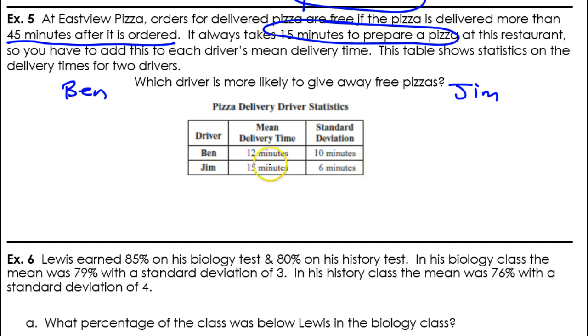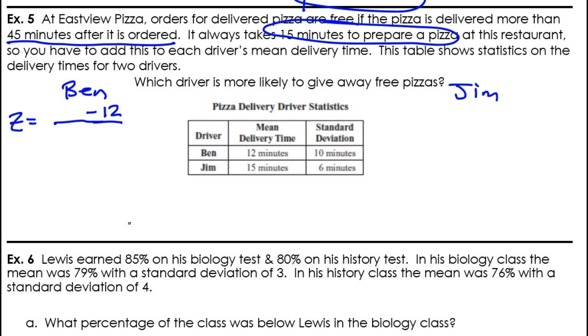So let's start with the z-score. All right, so Ben's z-score. His average delivery time is 12. Wait, no, I'm saying this wrong. Start over. The average is 12, so that's what I need to be subtracting.